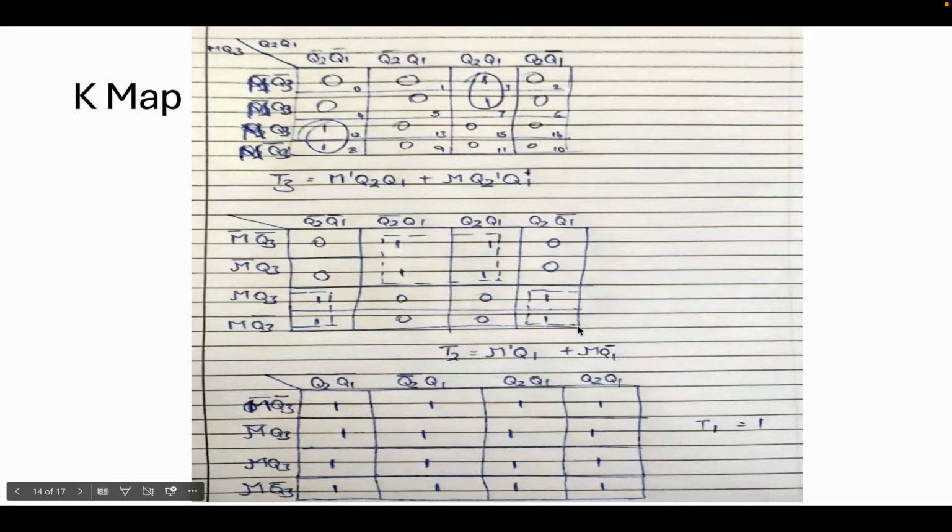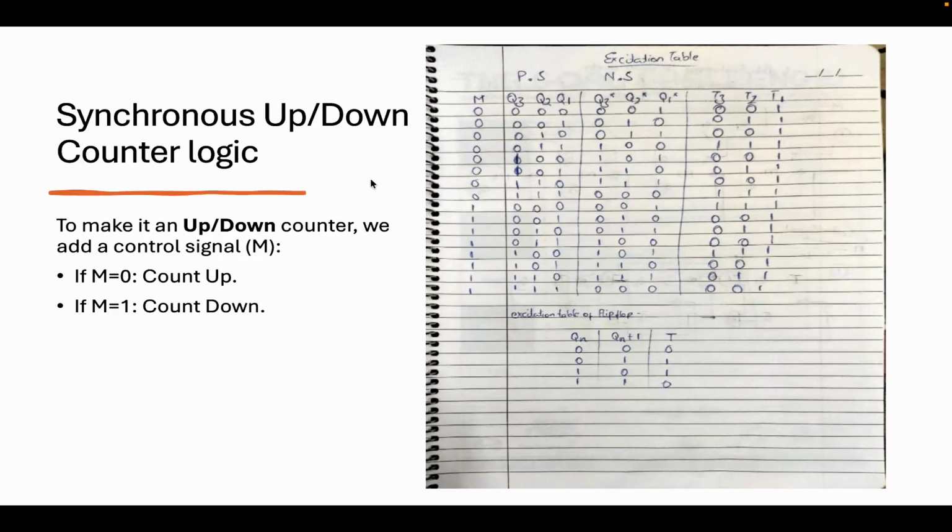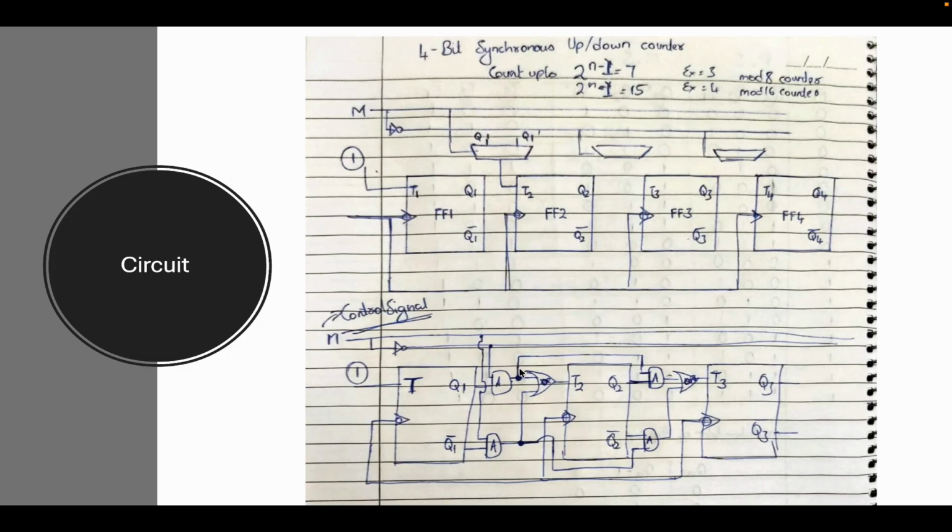T3 requires more inputs, right? But since I already have M bar Q1 here and M Q1 bar here, I just need to take the output from the previous one. We have taken the output from the previous one and given it as input. So this is how we design a 3-bit up-down counter.